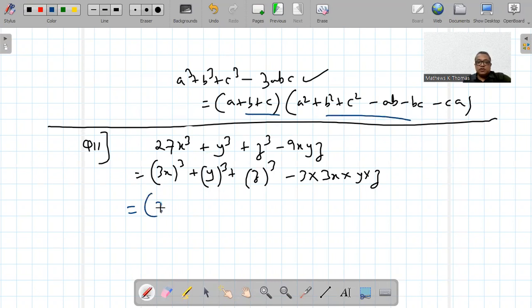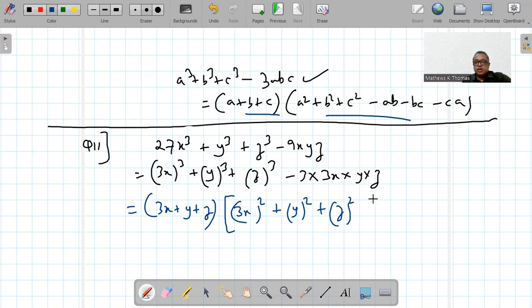So a plus b plus c in one bracket. So 3x plus y plus z. This is the first bracket. Second bracket, we will get a square. So 3x whole square plus b square, that is y whole square, plus z square. Then we have minus ab. So that is minus 3x into y, minus bc, that is minus y into z, and minus ca, that is minus z into 3x.